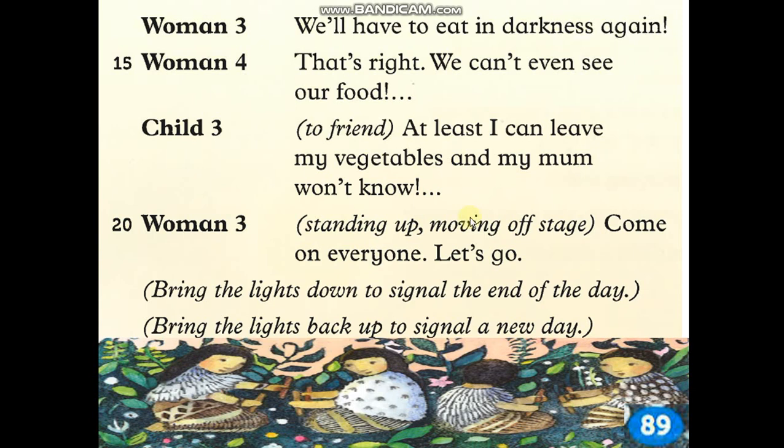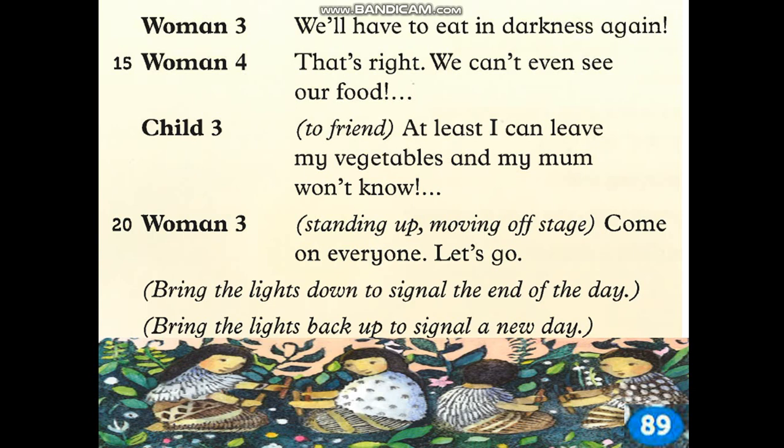Now, here there are stage directions. Here are the things that happen on stage that tell us what is happening. Here, the stage directions say, bring the lights down to signal the end of the day. So they bring the lights down. There is no sun really on the stage. So they put the lights down to mean that the day has ended, and then they put the lights back up to signal a new day.